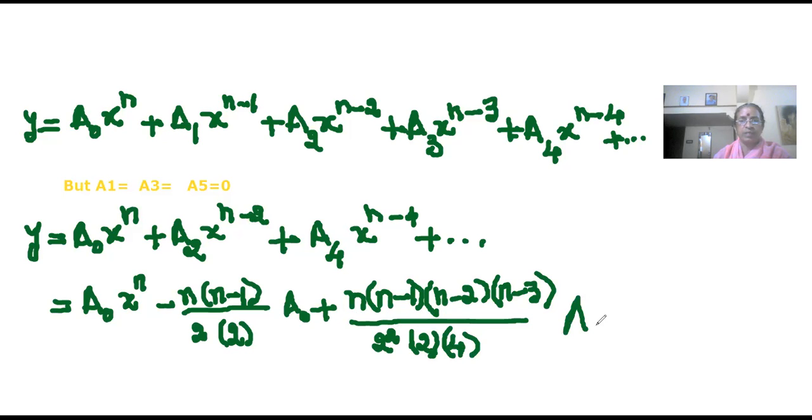So once again we will get alternatively plus minus and so on. I hope that is clear. So in every term we are getting A naught.